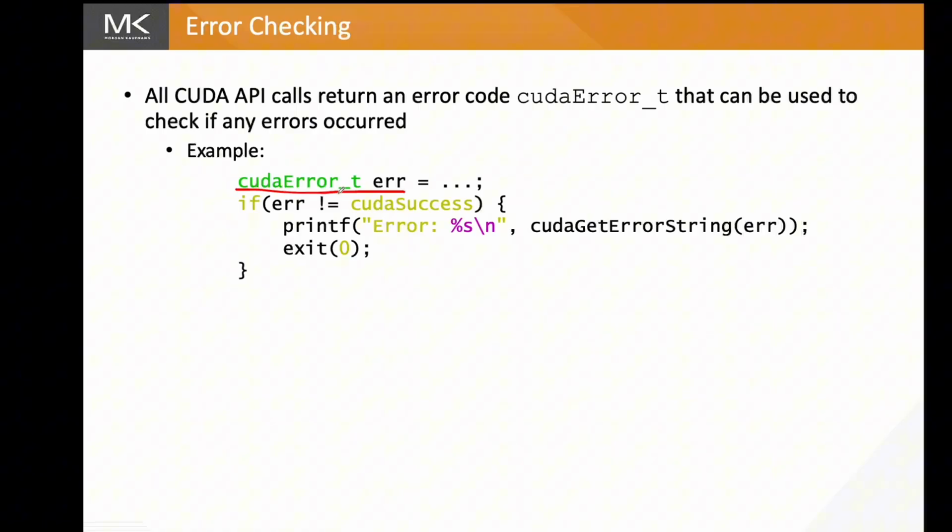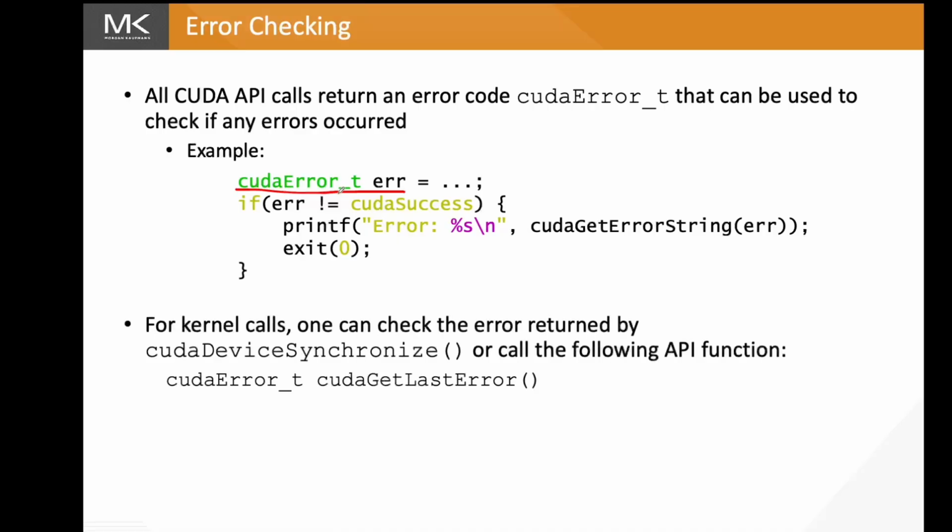You can get information about what kind of error you're getting and what the problem is. There's also another API call for getting errors, which is called cudaGetLastError, which gives you the error that could happen within your kernel. So these are basically two different ways for getting information about the error in your CUDA program.